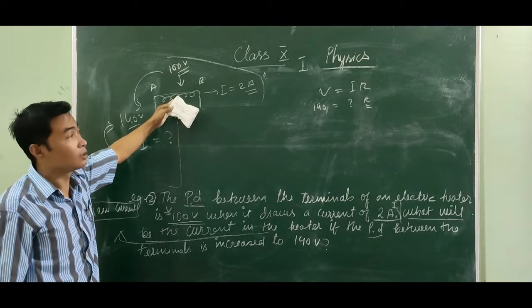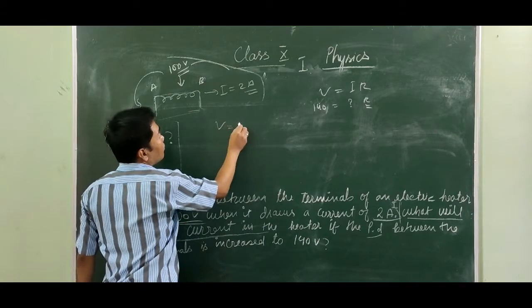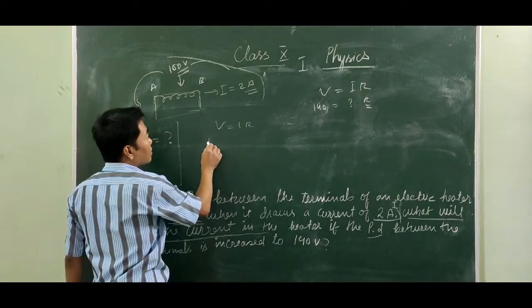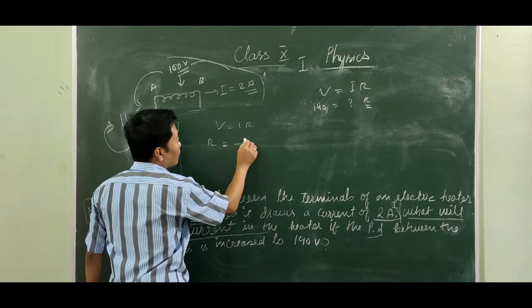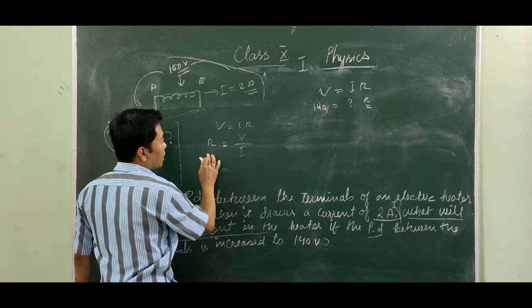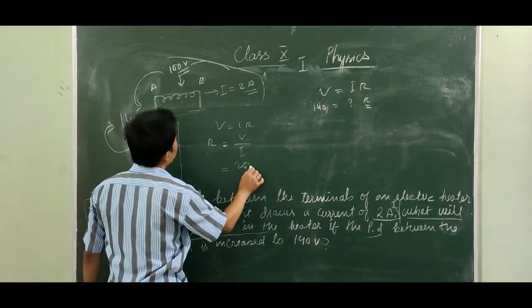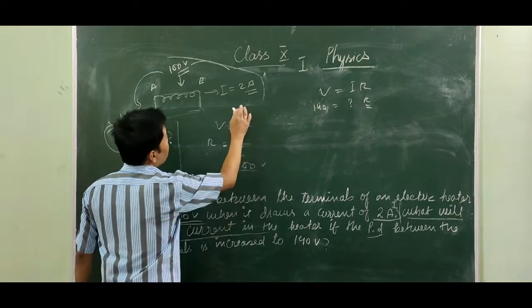What is the resistance? From Ohm's law, V equal to IR, so R equal to V by I. V is how much? 100 volt. And I is how much? 2 ampere.